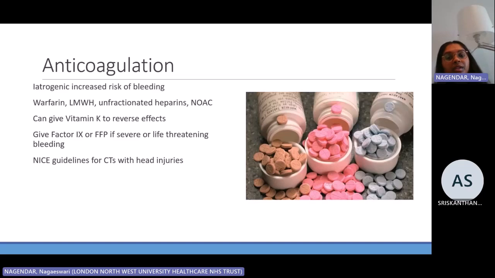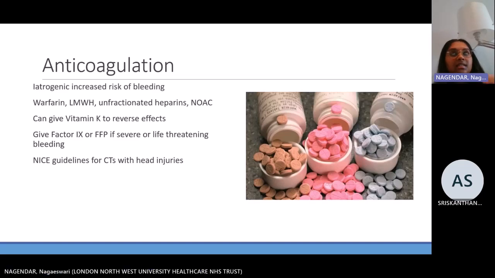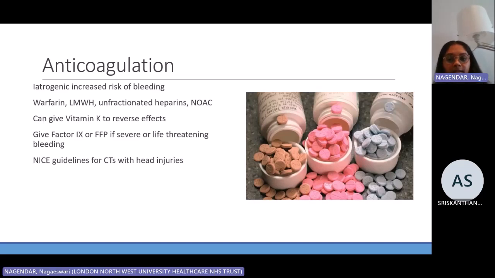One of the things just to note is the NICE guidelines for CTs. This has a section for patients who have presented with a head injury and are on anticoagulation or antiplatelet medication. So I'll just read the guidance out for you. It's for people who have sustained a head injury and have no other indications for a CT scan, but are on anticoagulant treatment.